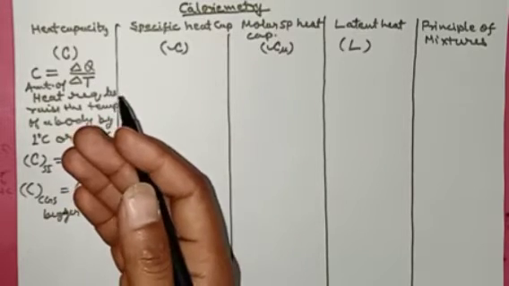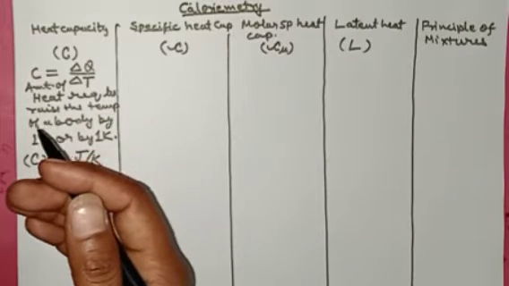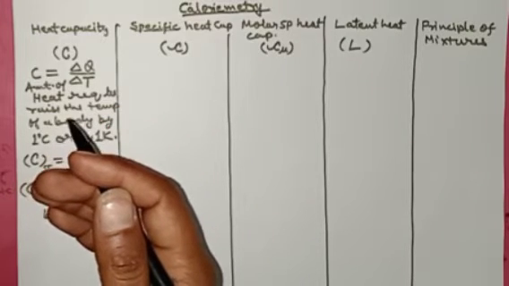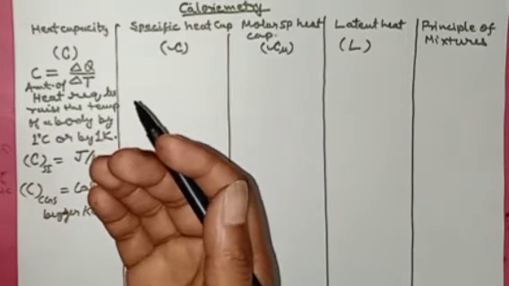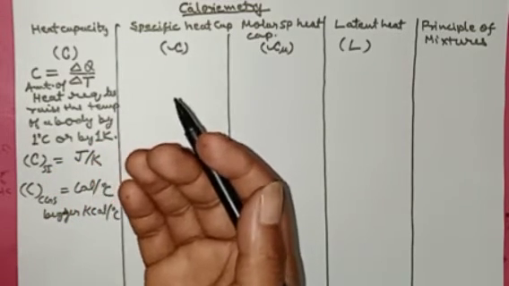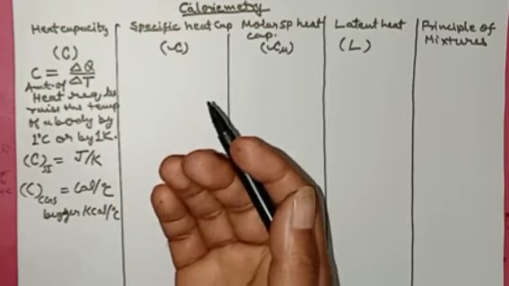A block, it will have more heat capacity, and a ship, if we heat it and we see change in its temperature through 1 degree or 1 Kelvin, we will see that still it requires large amount of heat.